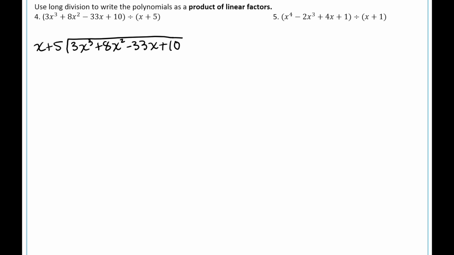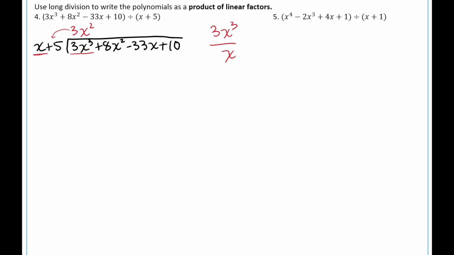So here's how this is going to work. I'm really only going to focus on the first term of the polynomial outside, and then the first term inside. If I took 3x cubed and divided it by x, just like we did before, I would end up with 3x squared. The next step was to multiply the term on the top by the term outside.